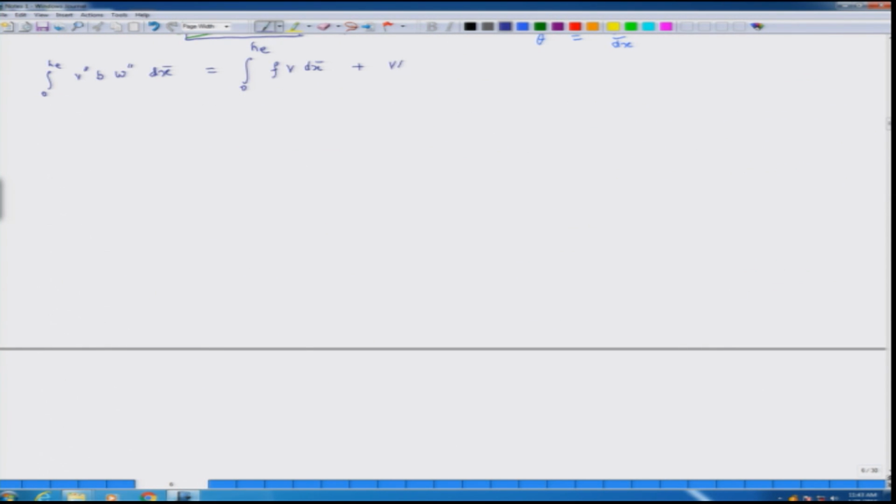So, this is v evaluated at 0 times q1e, plus minus v prime evaluated at 0 times q2e, plus v evaluated at he times q3e, plus negative of v prime evaluated at he times q4e. Okay. So, this is how we are defining q's.